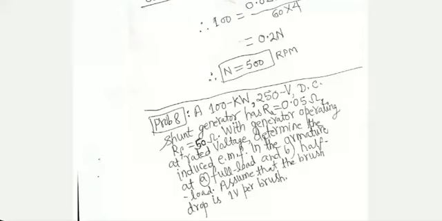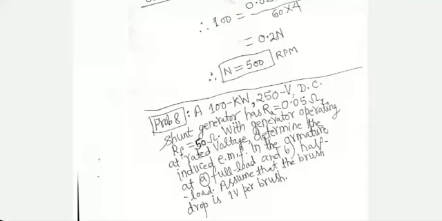Anyway, this problem says 100 kilowatt 250 volt DC shunt generator again with RA equal to 0.05 ohm, RF equal to 50 ohm. Generator operating at rated voltage, determine the induced EMF in the armature at full load. Now here the brush effect is given to you. That is the difference compared to previous problems.